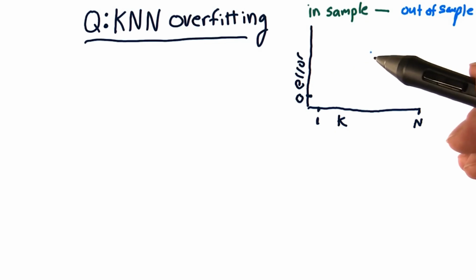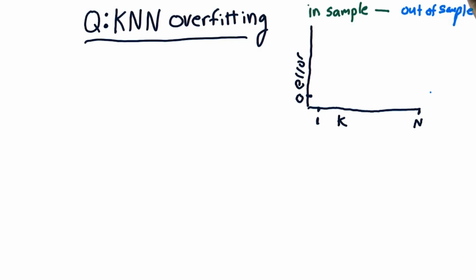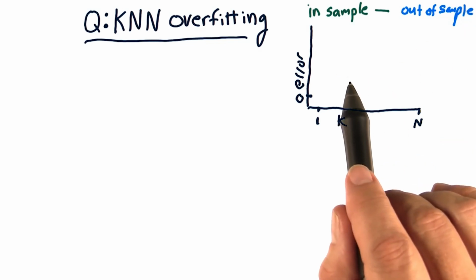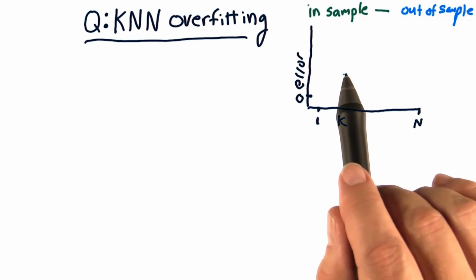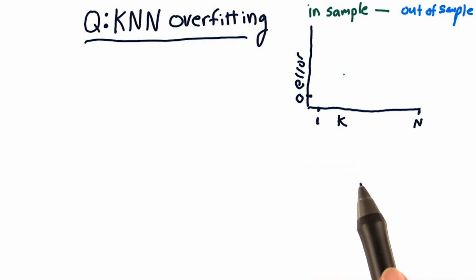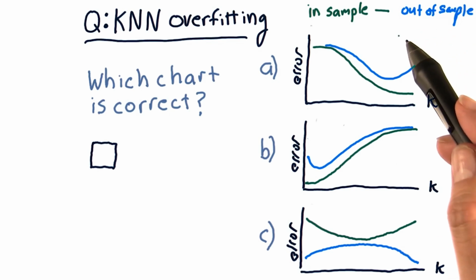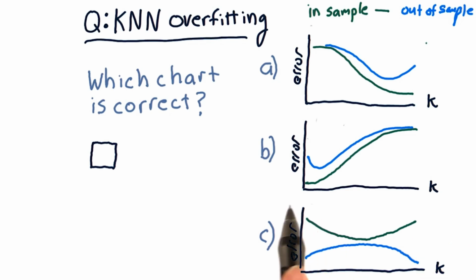I'm going to draw 3 charts here showing in-sample error as a function of K and out-of-sample error as a function of K. Which of these 3 charts correctly represents the shape that we would expect for out-of-sample error and in-sample error for KNN, as K increases this way and error increases that way? So take a look and go ahead and fill in your answer over here.